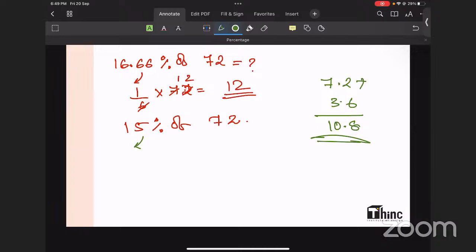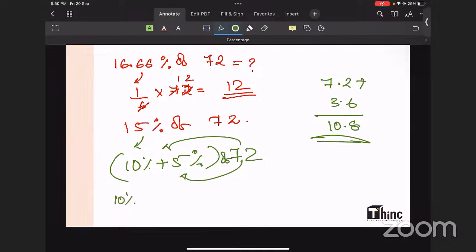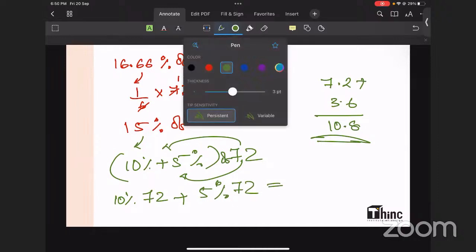15% is 10.8. Actually, this is split into 10% plus 5% of 72. So we are going to discuss the technique. Distribute it: 10% of 72 plus 5% of 72. 10% of 72, what is the meaning?